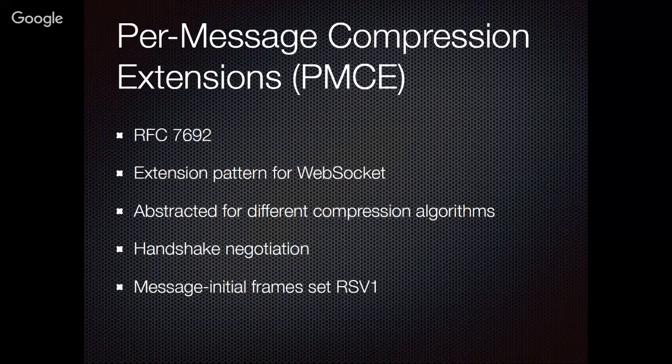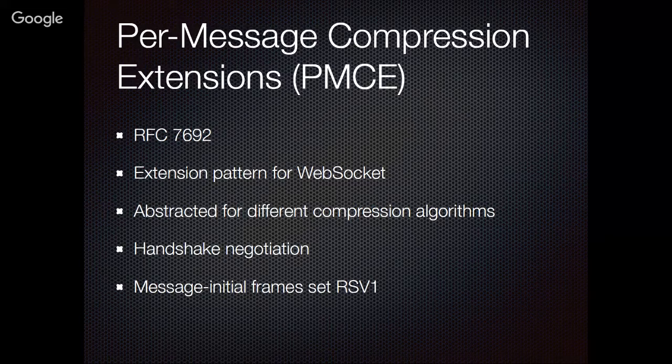One thing it defines is that if you have a fragmented message, the initial frame and only the initial frame uses the RSV1 flag. So you can still use RSV2 or 3 for whatever else, but if you're using compression extensions, RSV1 has to be for compression.